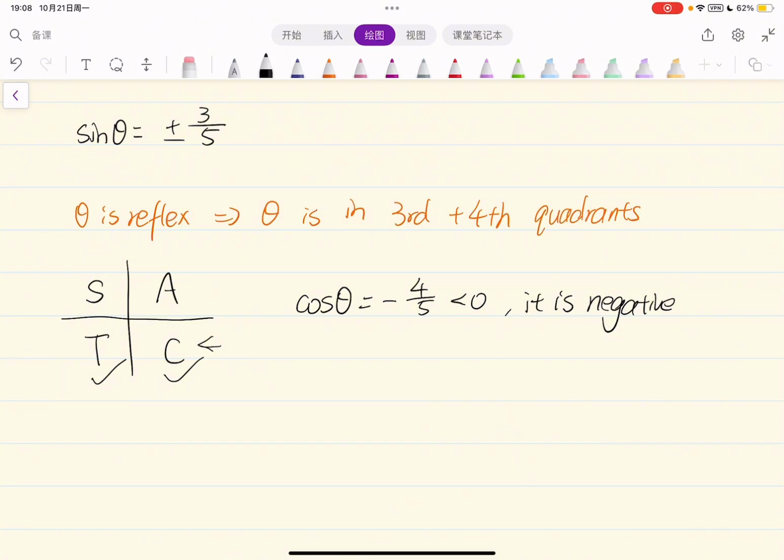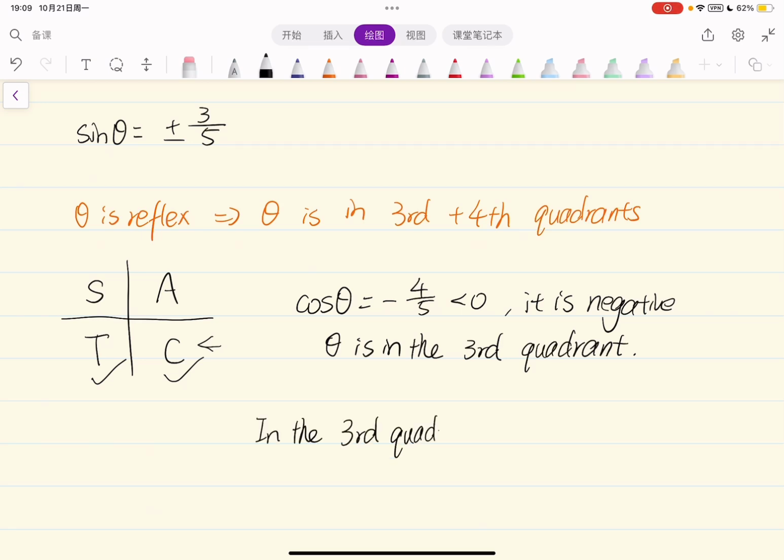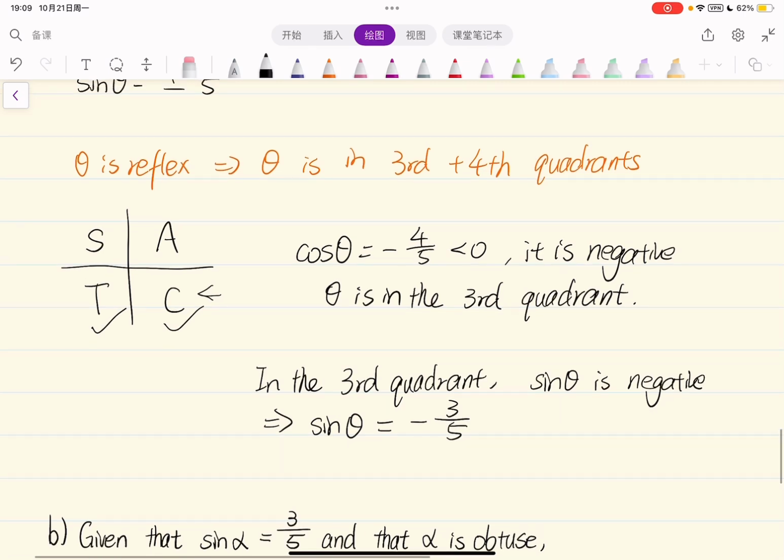So the only possible value is that theta is in the third quadrant. And in the third quadrant, the value of sine theta is negative. Thus, we can get that sine theta equals minus 3 over 5. That is the value of sine theta.